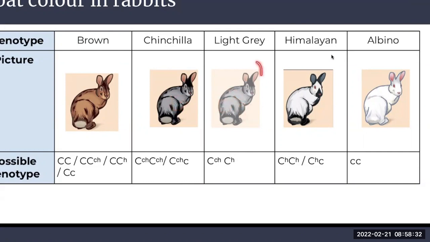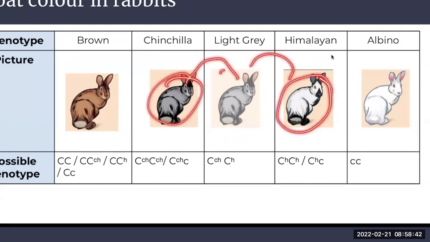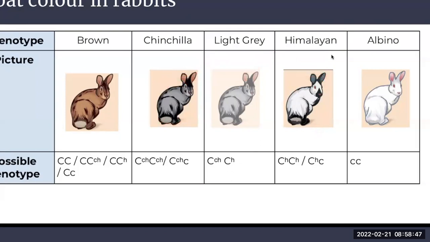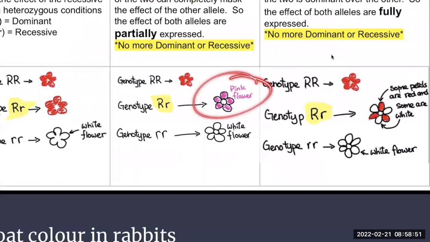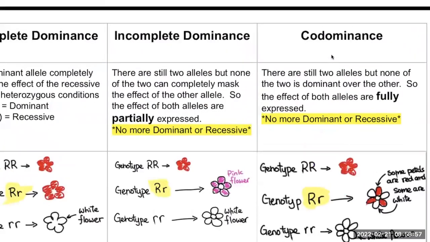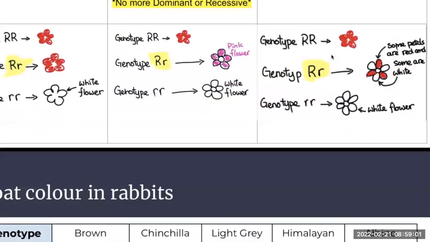But instead, the entire rabbit is actually a light gray color. So it shows you that some of these effects are being mixed together and combined, right? Instead of both of them completely showing themselves. So it's kind of this scenario right here. You get a mixture of color, not patches of color, all right? So if you get a mixture of color, it's incomplete dominance.